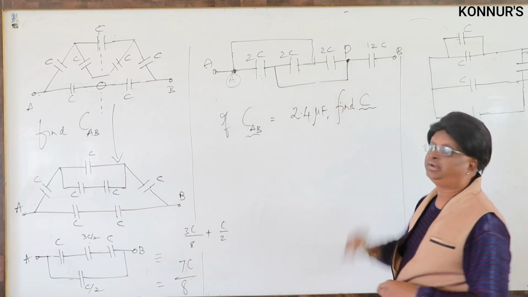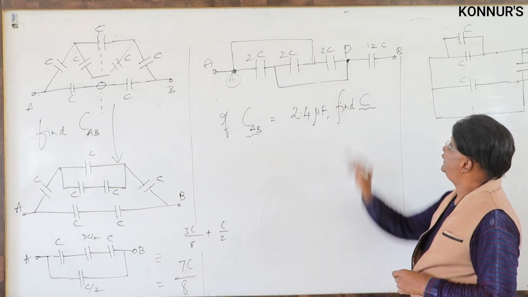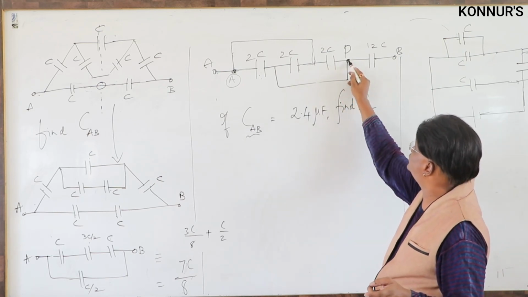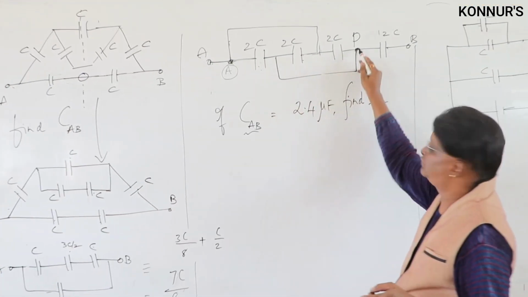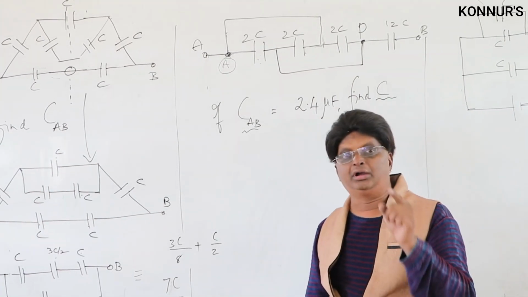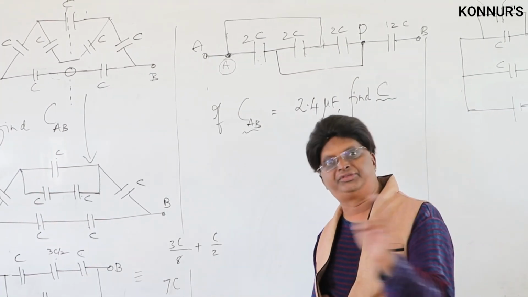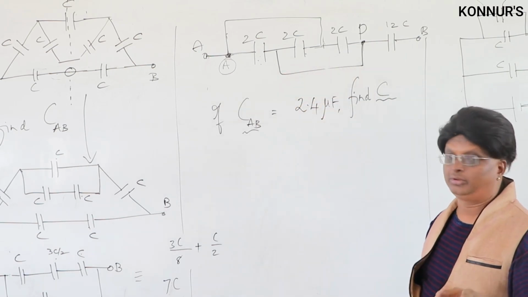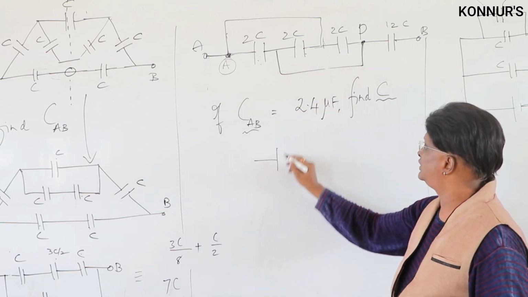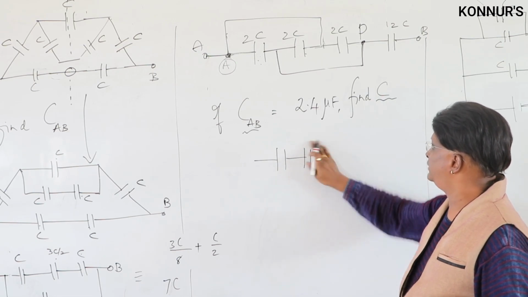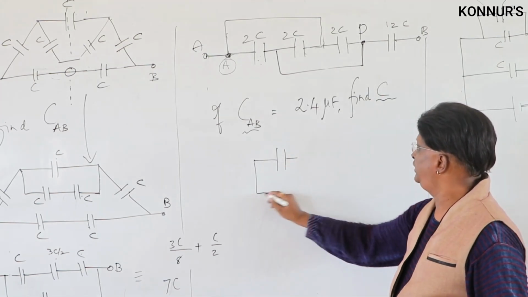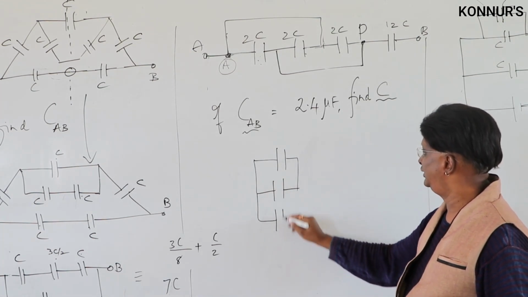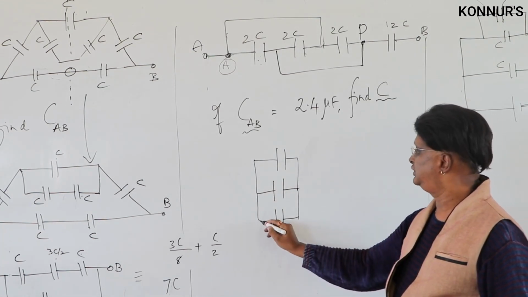Similarly, look at this point. If I call the point P, from this plate you have a connection, and from these two plates also you have a connection to P. So P is also a common potential for all three capacitors. What does it mean? These three capacitors between common potential points A and P are parallel.